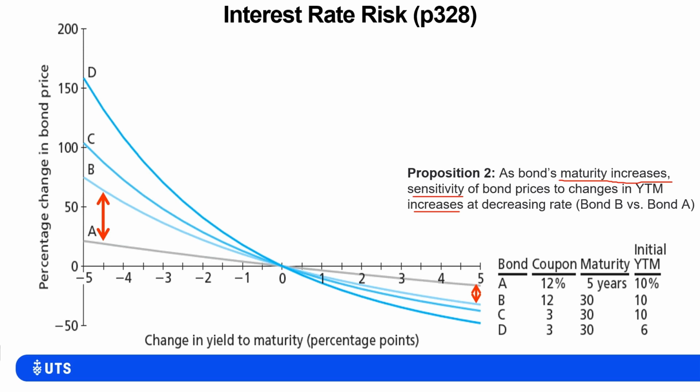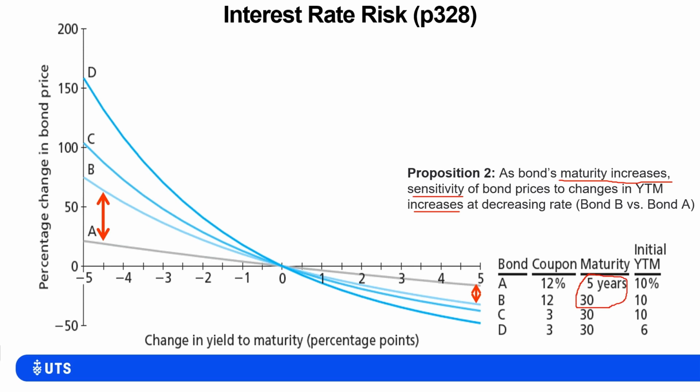And more specifically, if we want to check this proposition on this graphical example, let's look at the curves of bond B and bond A. Bond B has a longer maturity of 30 years, while bond A only has a shorter maturity of 5 years.